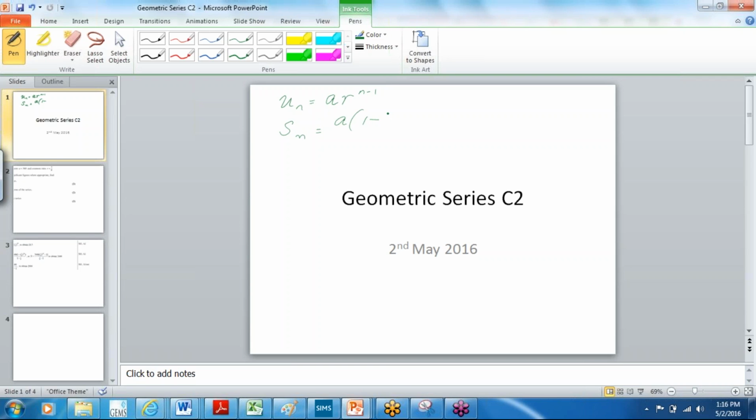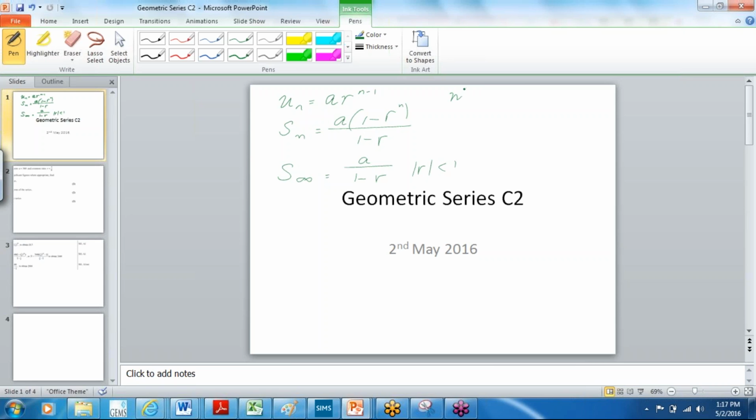And I would hope that you understand each variable. We could swap this order, r to the power of n and r minus 1. And the sum to infinity is a over 1 minus r. Of course, the absolute value of r has to be smaller than 1, so it has to be between -1 and 1.